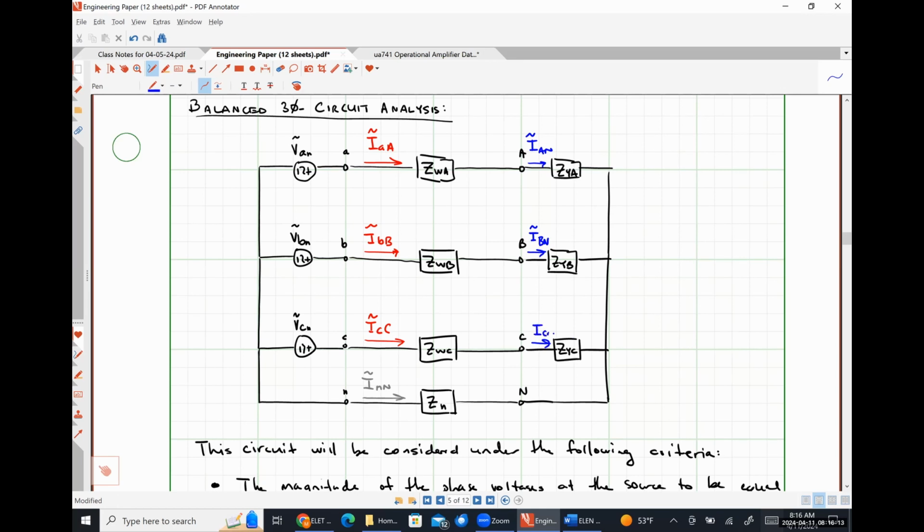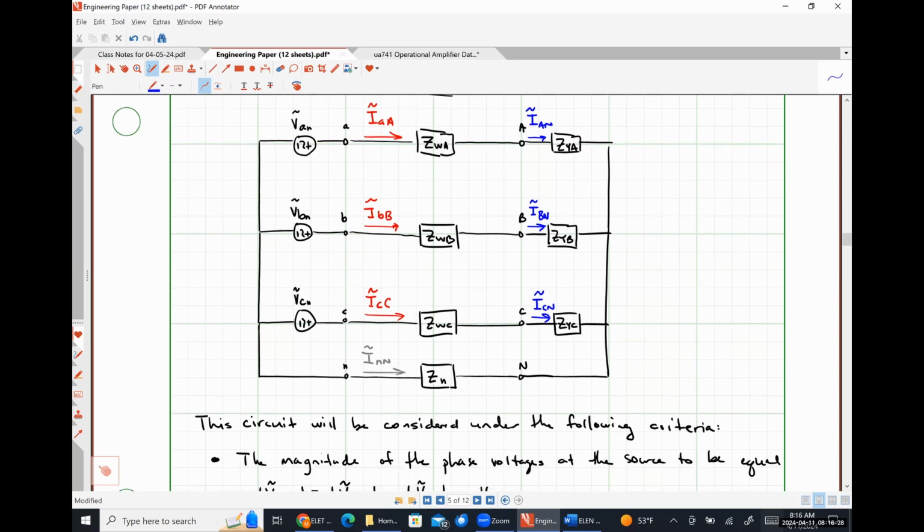And this phase current ICN is the same thing as our line current ICC. So we are trying to figure out a relationship between these phase currents. I'm going to say that all of the currents that are entering this large node over here have to be equal to 0 because that's just Kirchhoff's current law, right?